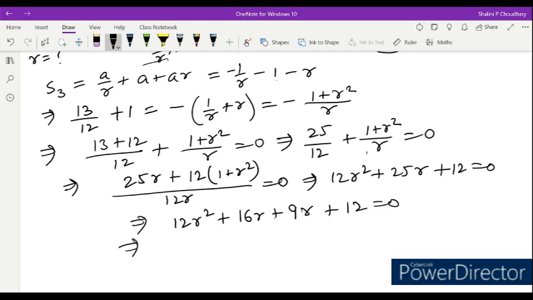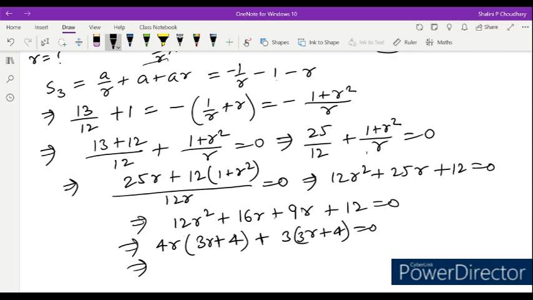In 12 and 16, what is common? We can take 4. So 4 R will be taken common, we get 3 R plus 4, plus when we take 3 common, 3 R plus 4 is equal to 0. So we get 4 R plus 3 into 3 R plus 4 equal to 0. It means either 4 R plus 3 is equal to 0 or 3 R plus 4 is equal to 0.